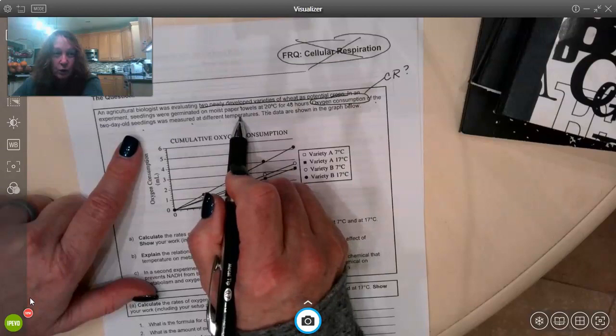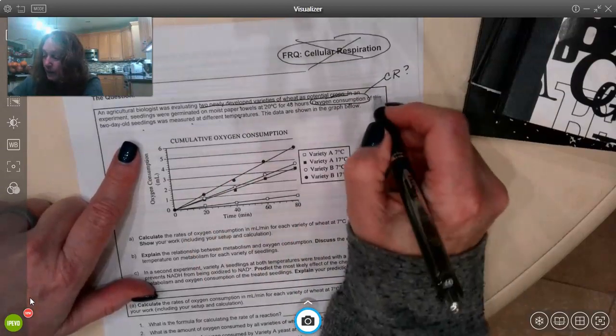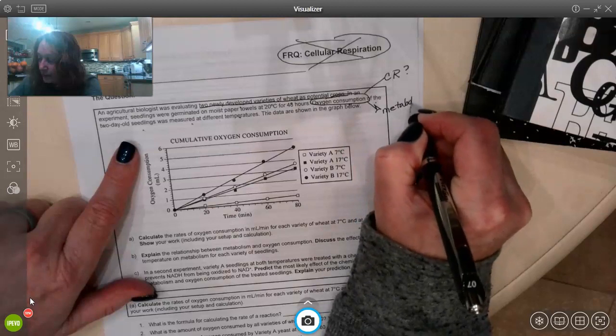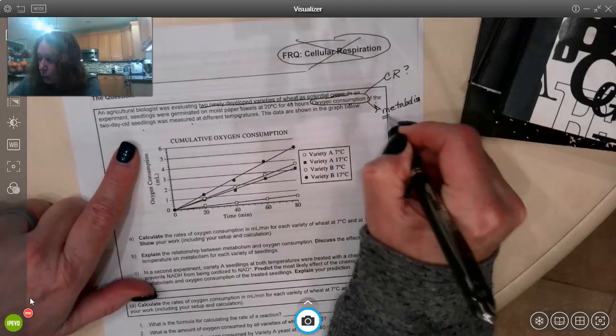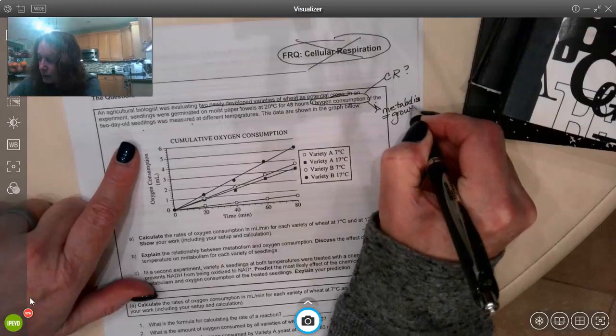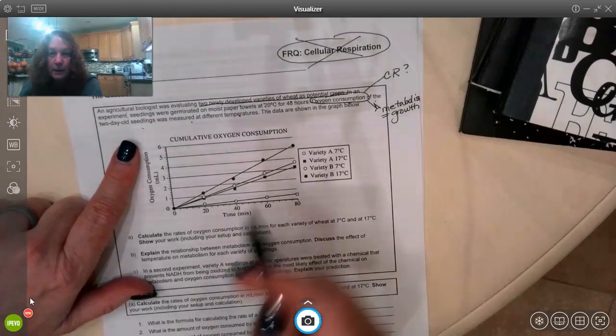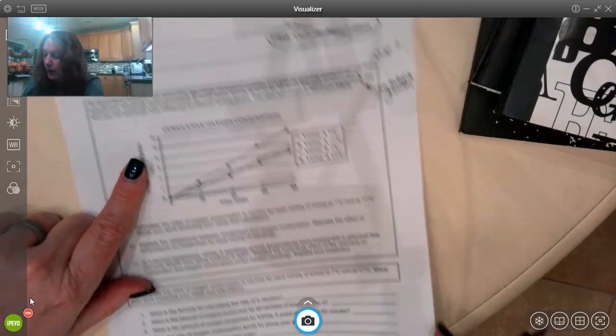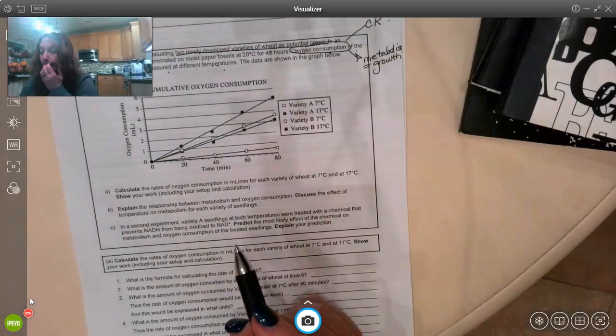So this is related to metabolism, which equals growth, right? So different temperatures. The data are shown in the graph below. Okay?